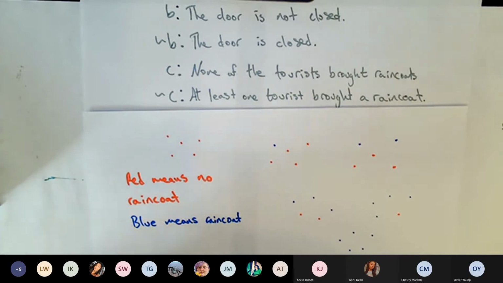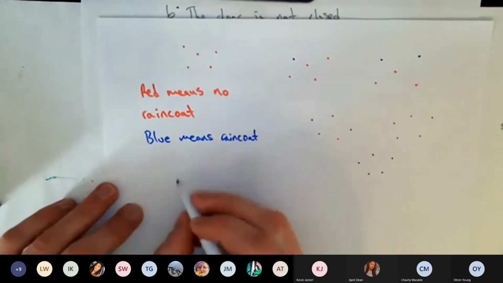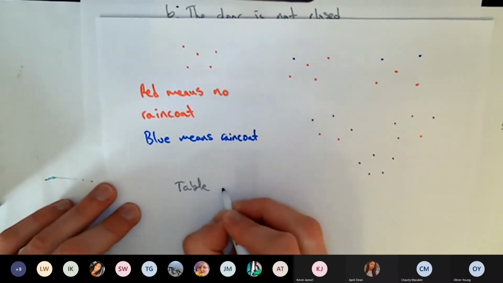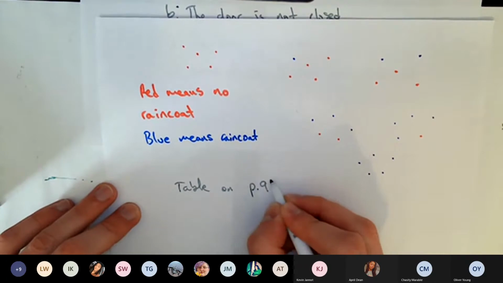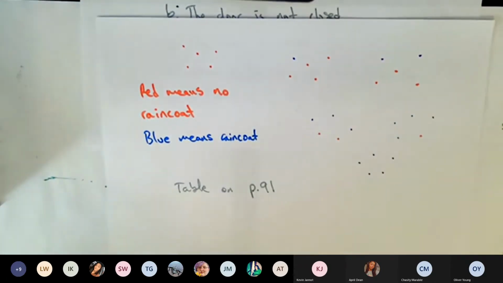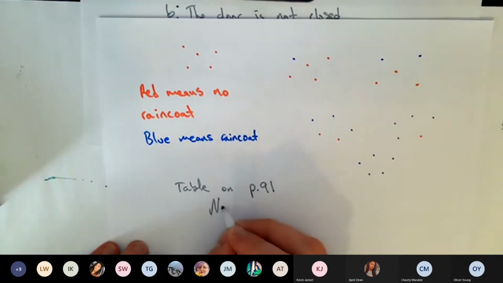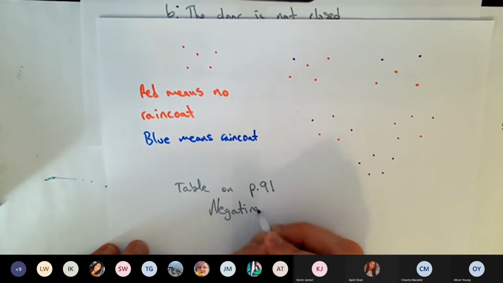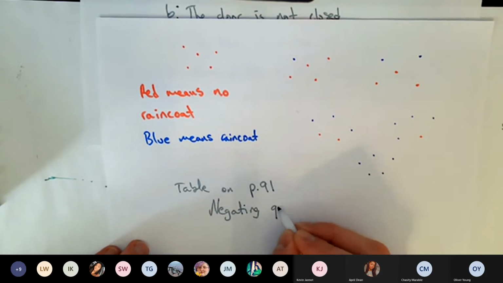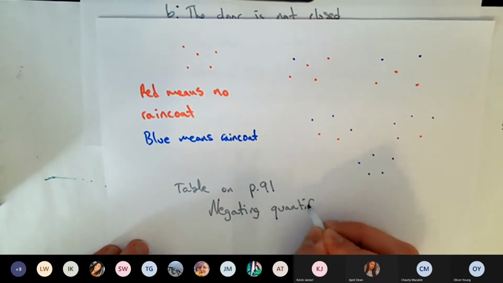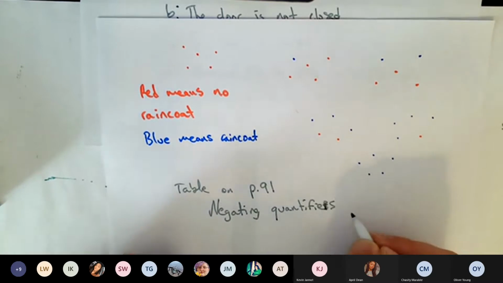There is a table on page 91 that talks about negating quantifiers, and that may be helpful. It kind of just gives you the grammar for it.